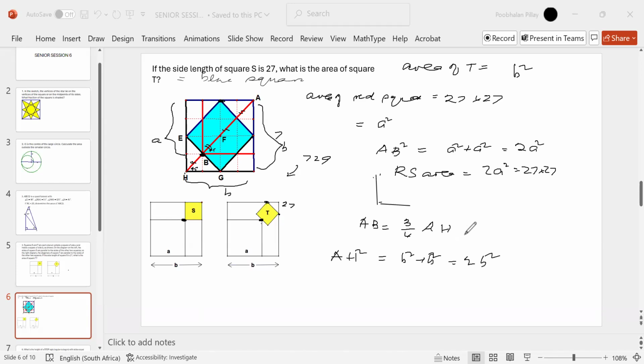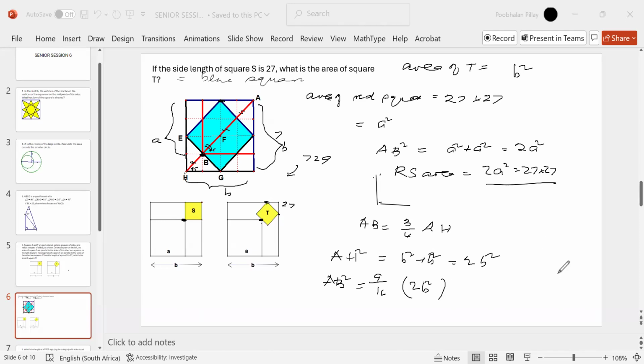we've got everything now, because we know what 2A squared is. And we also have AH squared. So you have AB squared is 9/16, squaring it, times AH squared, and AH squared is 2B squared.